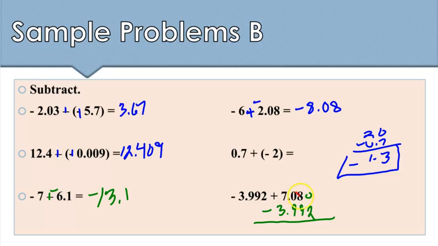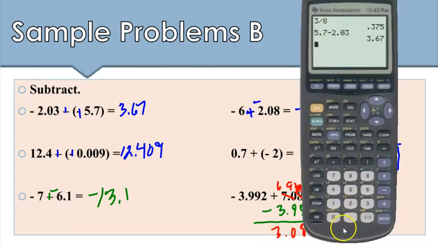I subtract 10 minus 2 is 8. 7 minus 9, I can't do that. So this is 69. So I got 17 minus 9 is 8. 9 minus 9 is 0. 6 minus 3 is 3. So we would have 3.088.